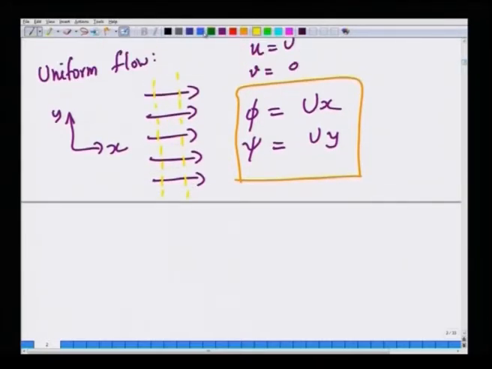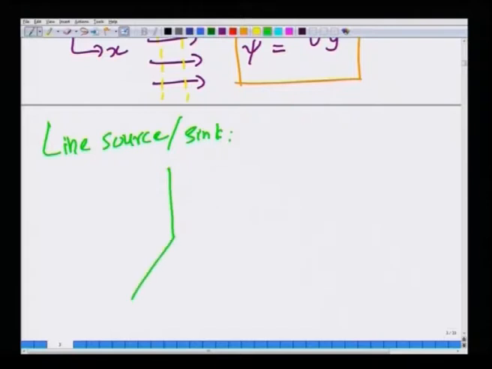Then we also discussed the line source or sink, which is essentially, in the xyz plane, imagine you have a source of fluid where fluid is coming out radially at each and every point.